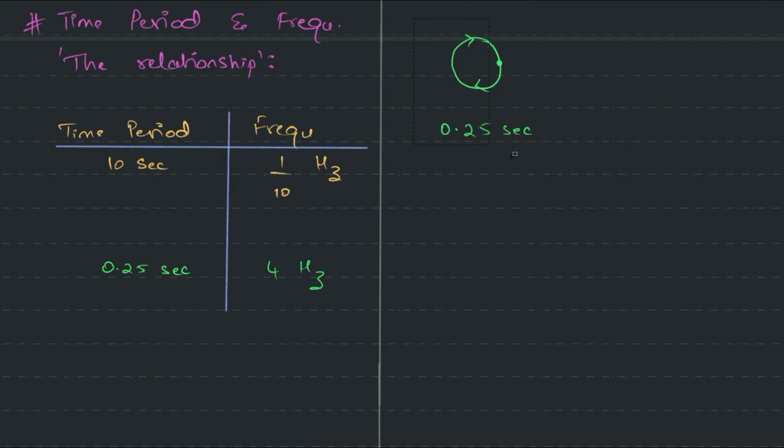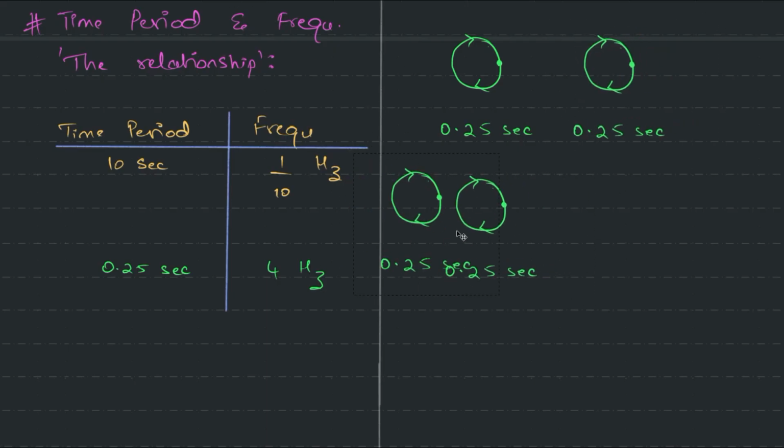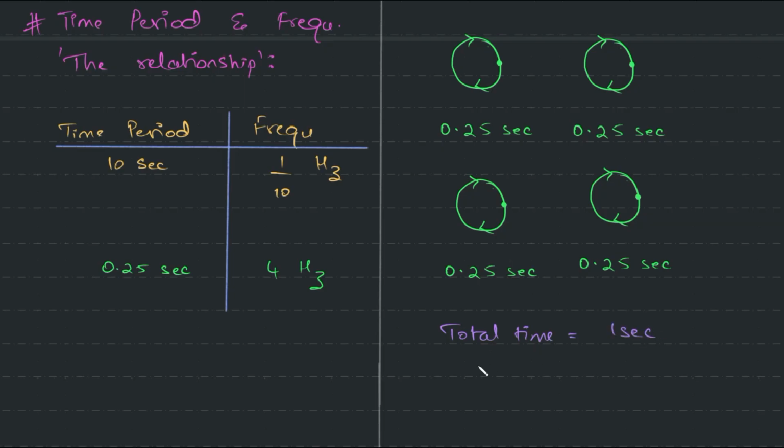And I keep doing this. This is 1, 2, 3, and 4. If I keep doing this, what is the total time? 1 second. How many rounds? 4 rounds.